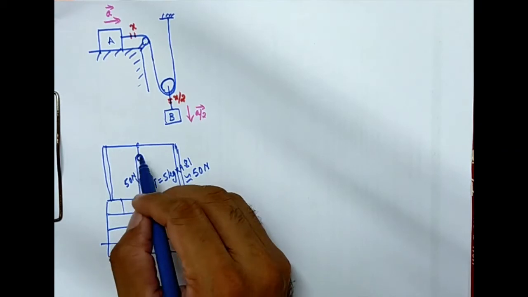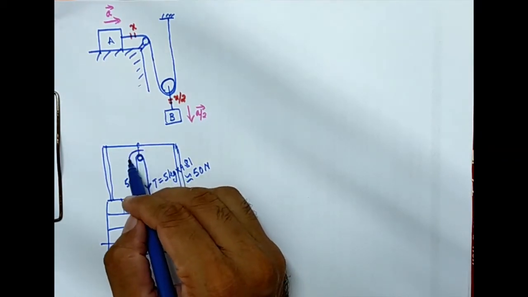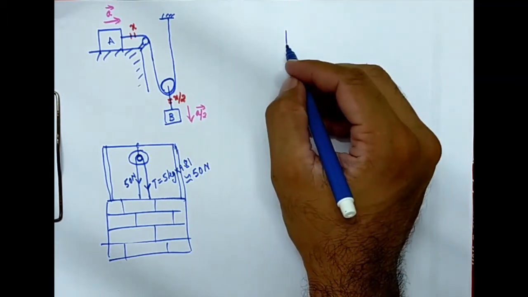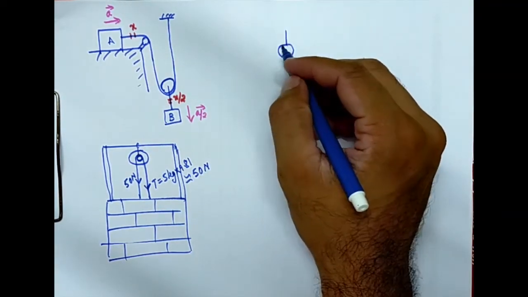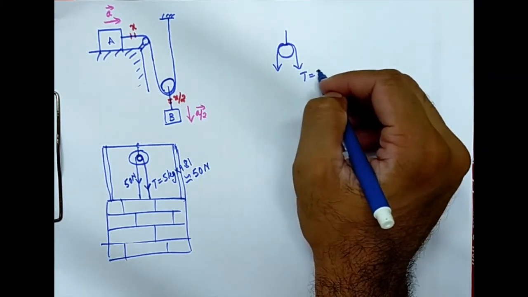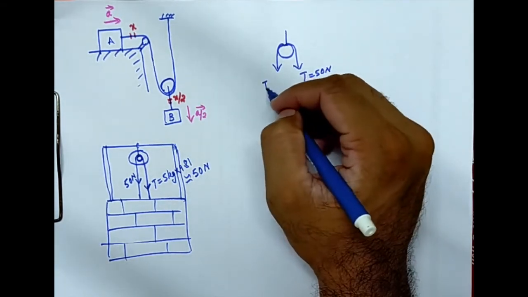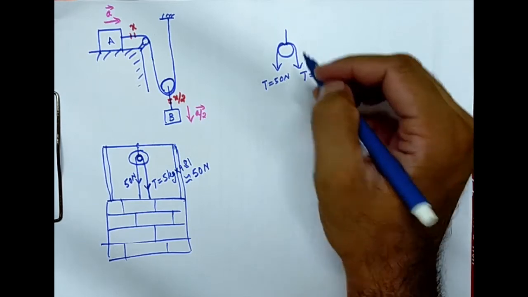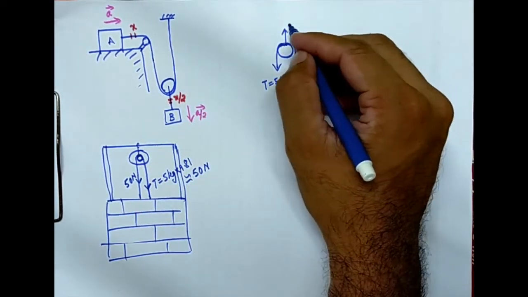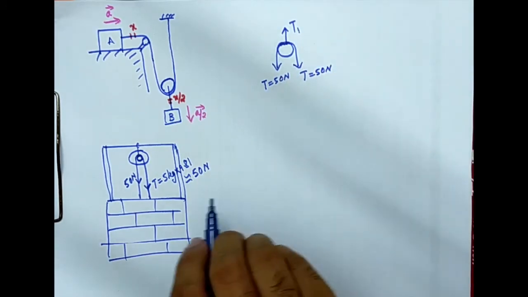Now if you try to plot the free body diagram of this part, how will it be? The free body diagram will have T equal to 50 Newton here, T equal to 50 Newton here, and you can see that this connecting rod will also be under tension. I'm calling it T1.